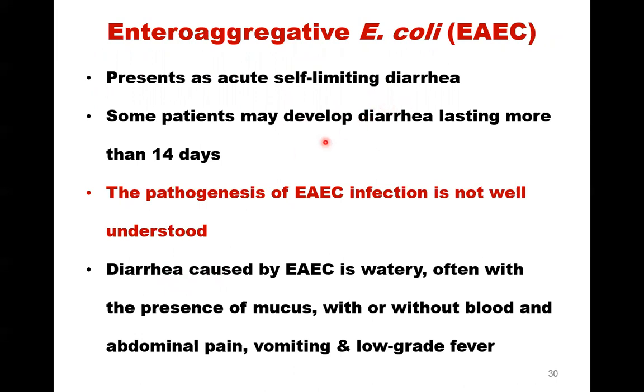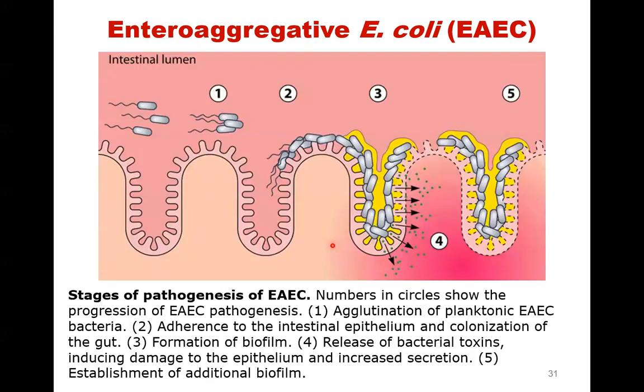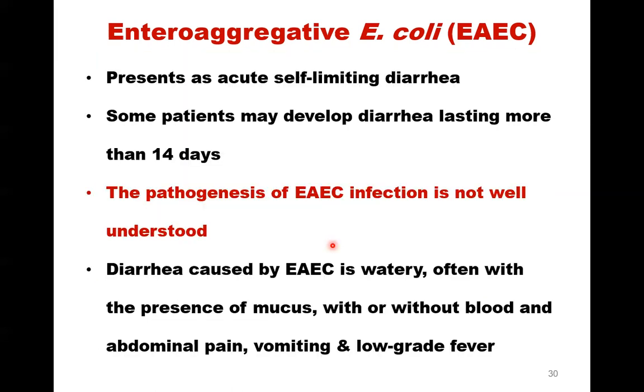Some patients may develop diarrhea for a long time, so it can also cause chronic diarrhea. The pathogenic mechanism is not well understood. Patients tend to present with watery diarrhea, with mucus, with or without blood. There could be abdominal pain, vomiting, and you can have low-grade fever.